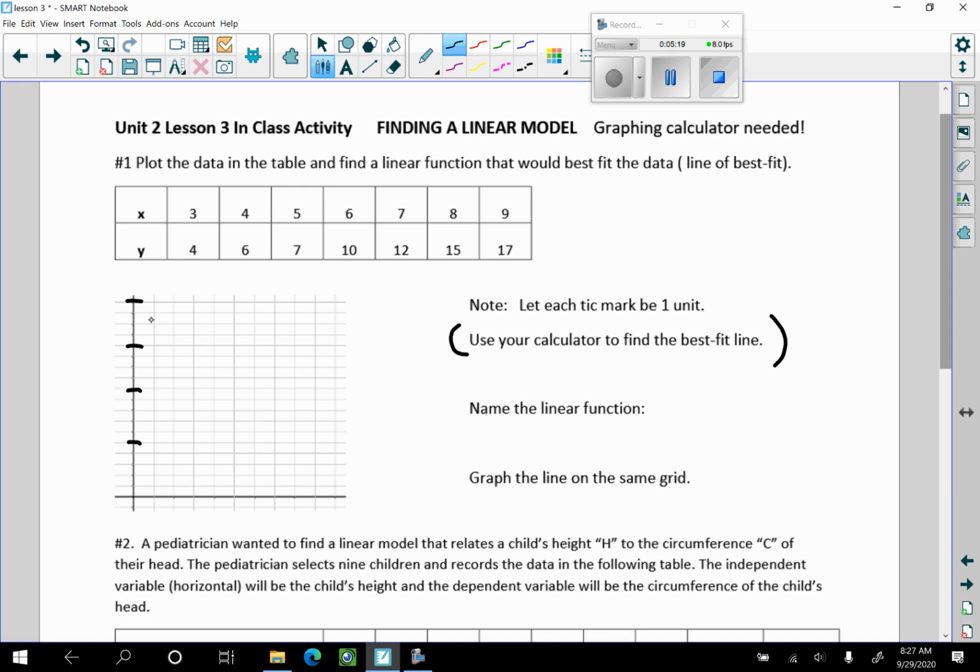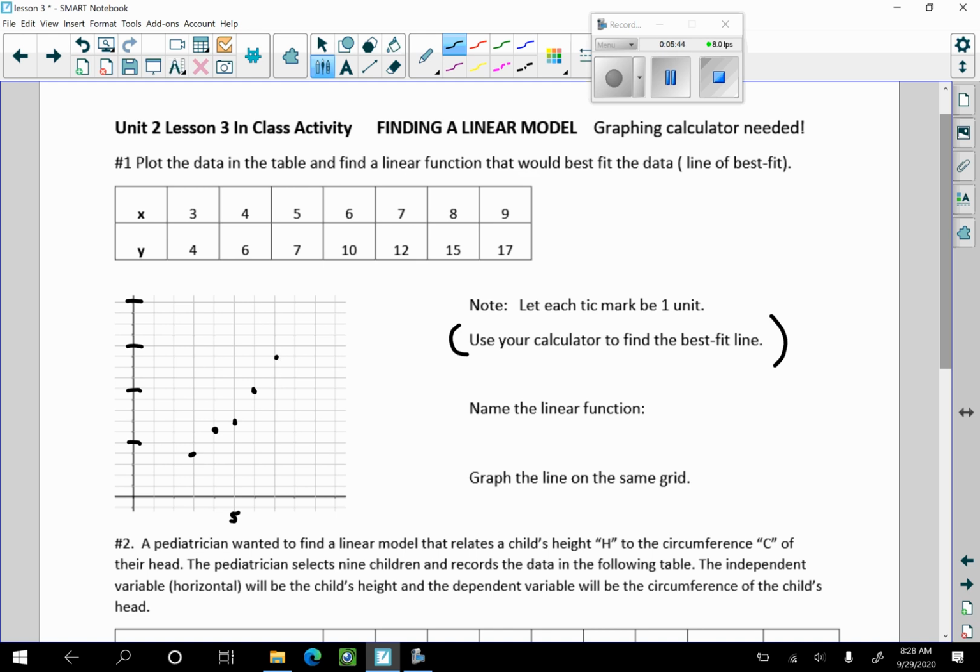So I'm going to plot the points 3, 4, and 4, 6, and I would ask that you would do the same as well. Then 5, 7, and 6, 10. 6 goes all the way up to 10, and 7 goes to 12.